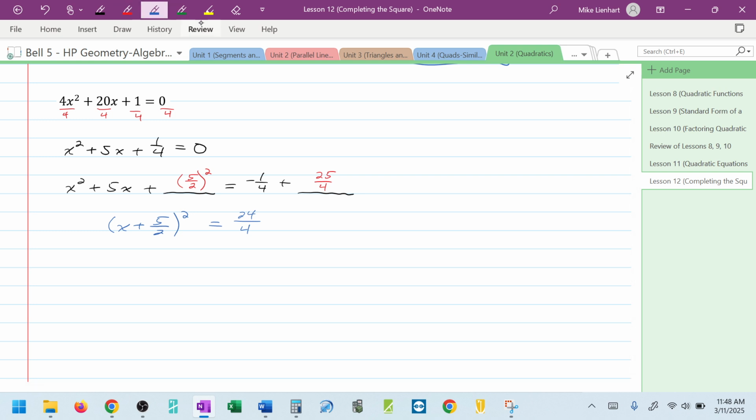I'm going to square root both sides. That leaves me with x plus 5 over 2 equals plus or minus, let's see, the square root of 24, which would be 2 radical 6 over the square root of 4, which is 2.